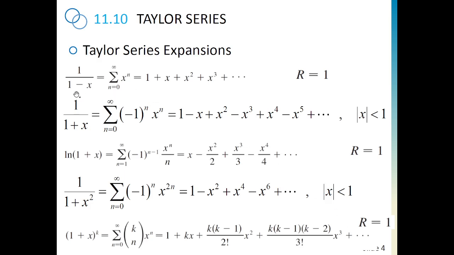Reminder of what we have seen already. This is our geometric series, so it's a power series, it's also geometric, and this is a function f. So this function f is equal to this power series for x between -1 and 1. We have already seen this.